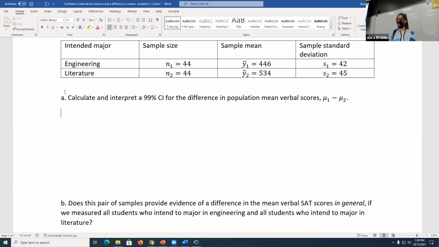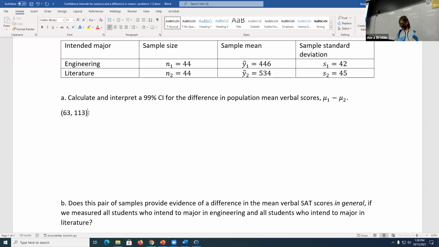All right, can someone tell me what they got for the confidence interval? Kyle, what'd you get? 63 and 113. 63 and 113? Does that agree with what other people got? Sam, what'd you get?